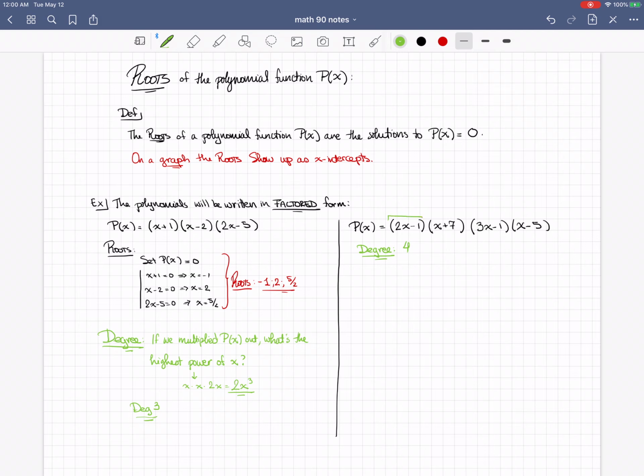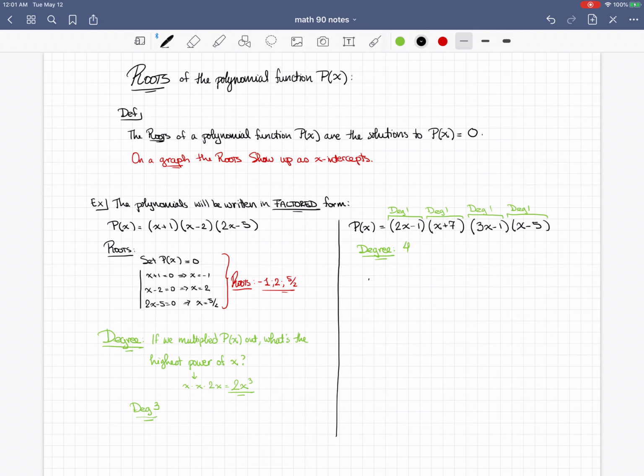Case in point, this is a degree 1 factor, this is a degree 1 factor, this is a degree 1 factor, and this is a degree 1 factor. So since we have 4 degree 1 factors, the degree of the whole product is going to be 1 plus 1 plus 1 plus 1, which is 4. So there's more than one way of thinking about this.